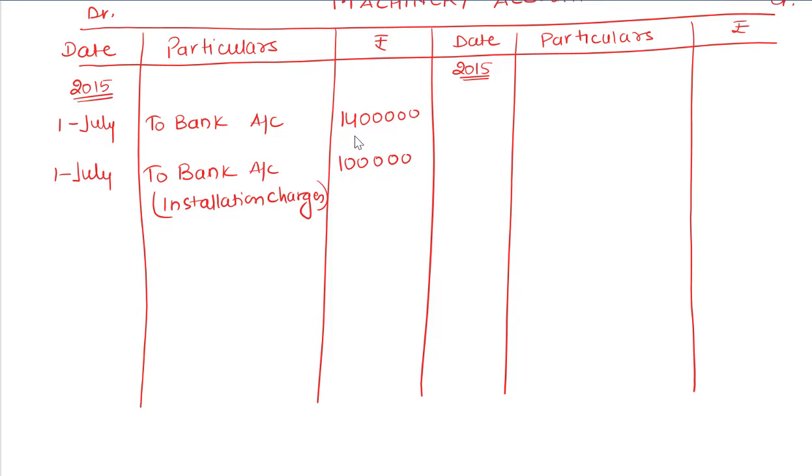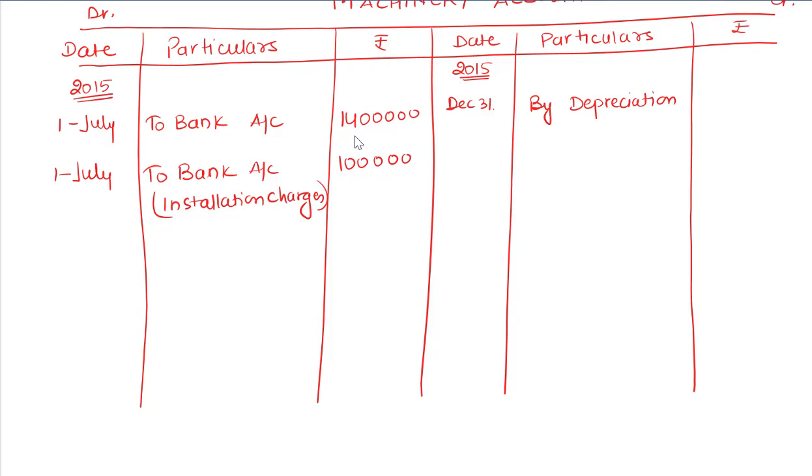Fine. Let us do the depreciation. So December 31, 2015, by depreciation. Now depreciation is to be calculated at the rate of 10% using the straight line value method.